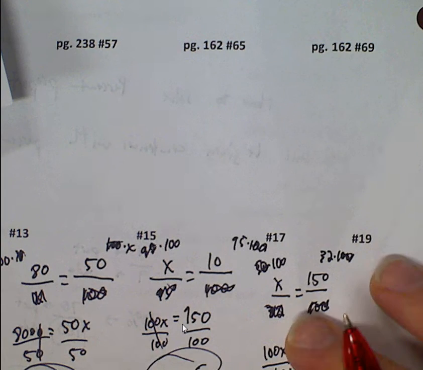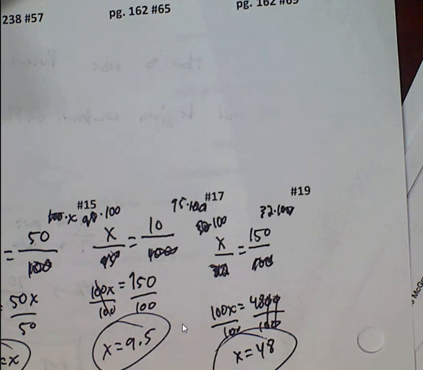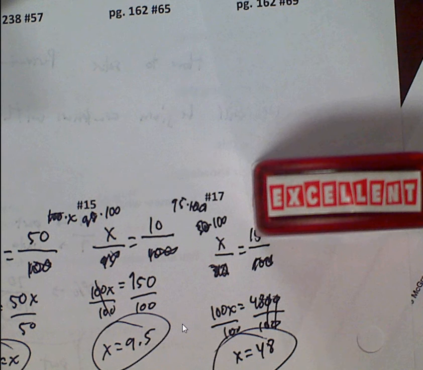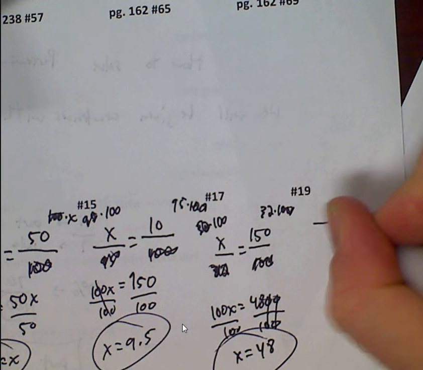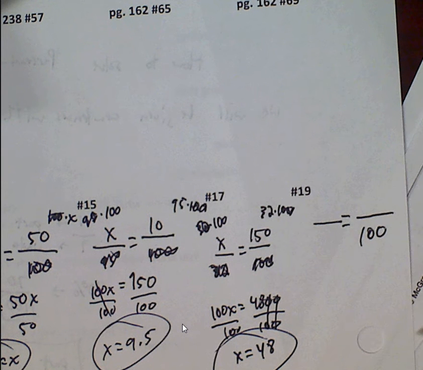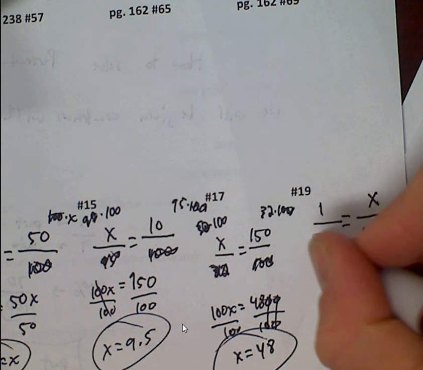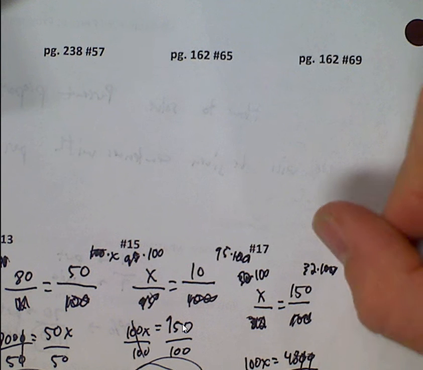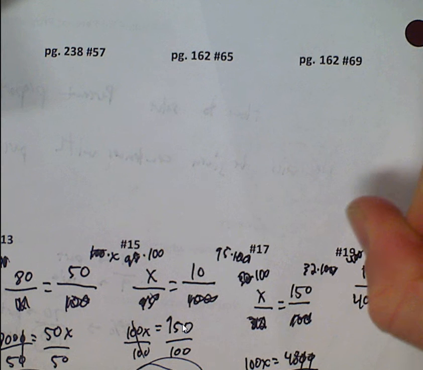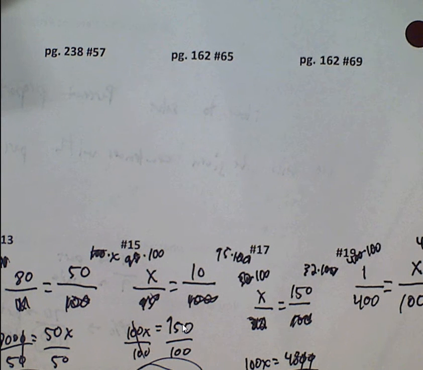Number 19. Go ahead and pause the video and try. Number 19 says 1 is what percent, so I don't know my x. 1 has to be my part of 400. That has to be my whole. I'm going to multiply both sides by 400 and 100.